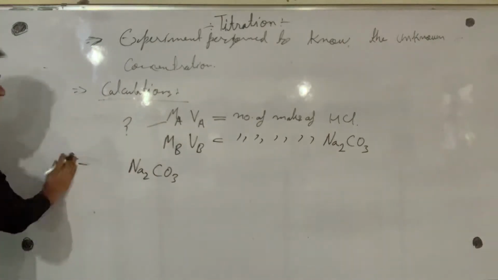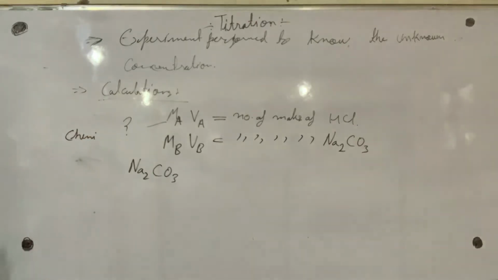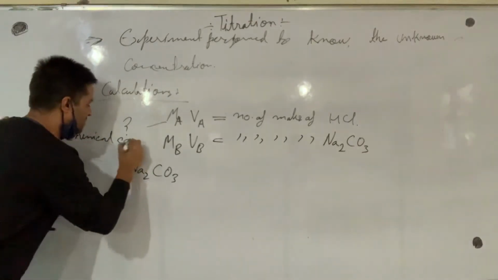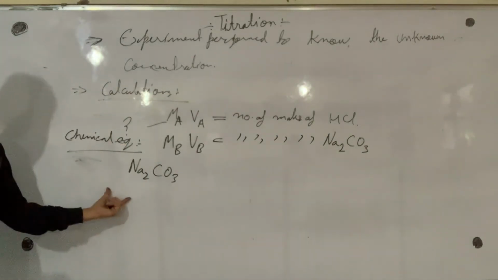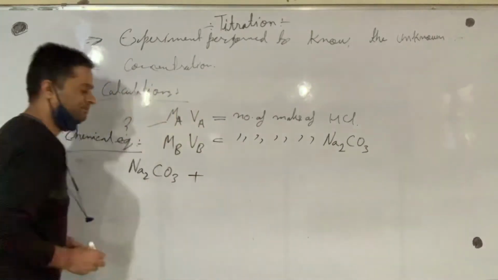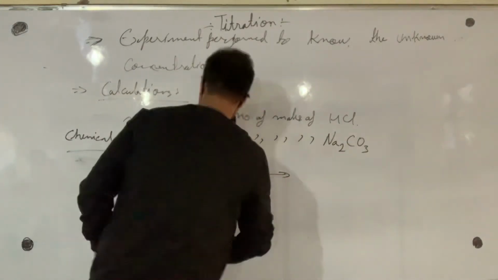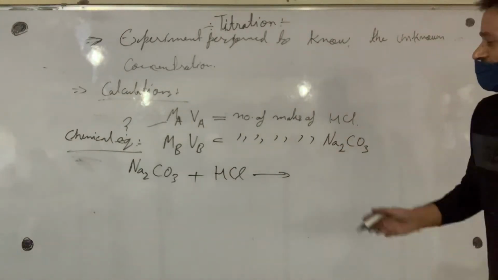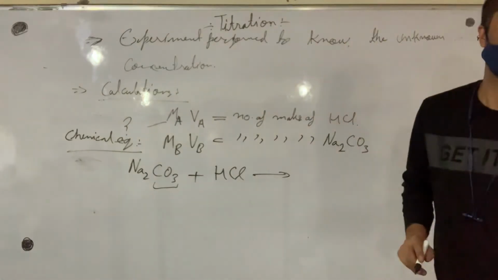Na2CO3. Make a heading, chemical reaction or chemical equation. Okay? I will write in short form only. Chemical equation: Na2CO3 plus HCl. Anyone? What should be the reaction? What will be the product? Whenever carbonate is treated, what is formed? CO2.